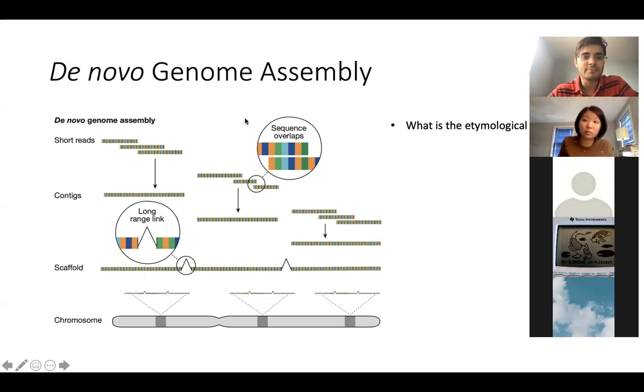So de novo genome assembly means that you are looking at a genome that has not been sequenced before. You isolate the DNA of that species, either from the blood or tissue or a cell. You isolate that DNA, you sequence that DNA, and here we are going to use NGS in general, right?